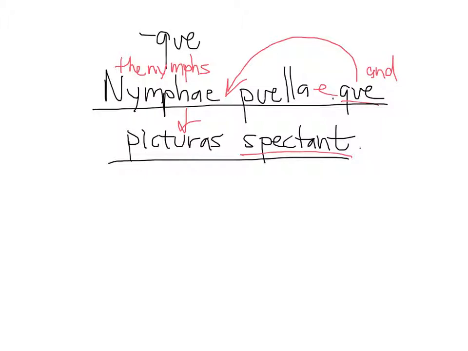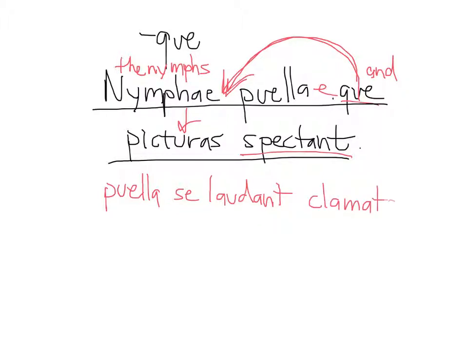Even though que comes at the end of puella, in English it's translated before puella. Look at the second example, it's the same thing. It says, puella se laudat, clamatque, me doceo.